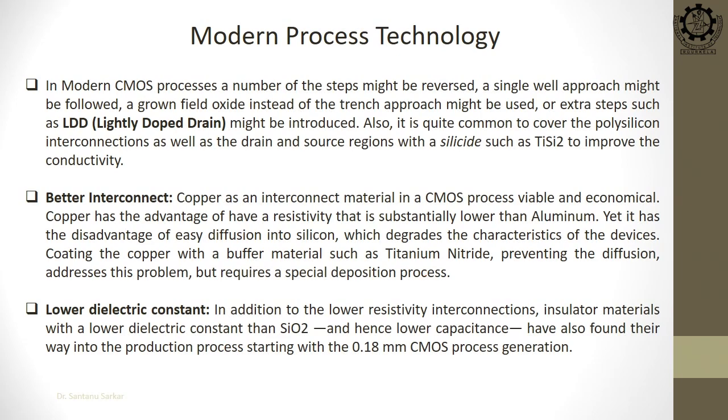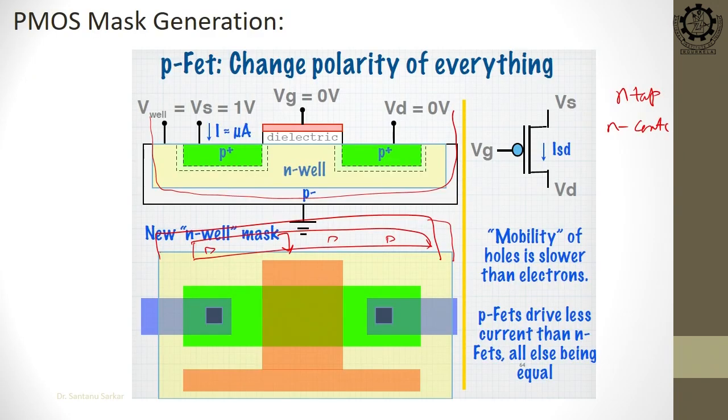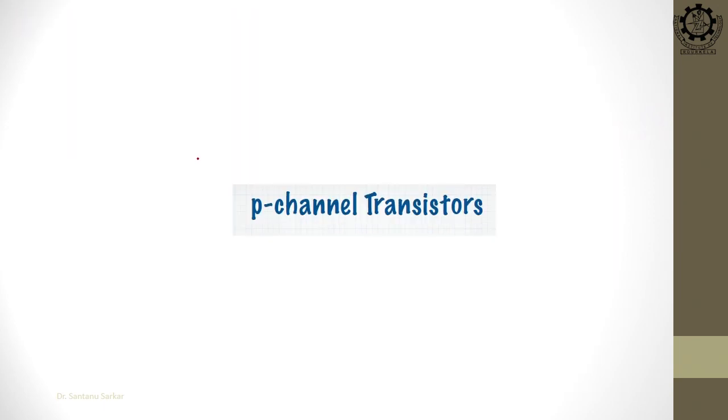Now, what extra things are modern technologies providing? Apart from the normal description we have gone through, to get better performance they sometimes have a little modification. For example, they can have an LDD, that is lightly doped drain. The drain region will be covered by another lightly doped layer.